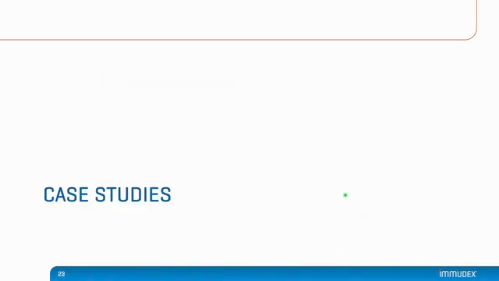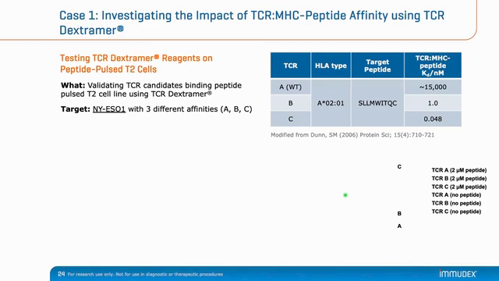Now, I just want to show you a couple of examples where we've used TCR Dextramer reagents to stain cells. In this first case, we've looked at the impact of the affinity of the TCR versus that of the peptide MHC. And we've taken 3 different TCRs, all targeting the same epitope, the NY-ESO1 peptide.